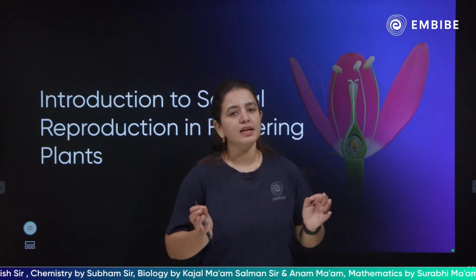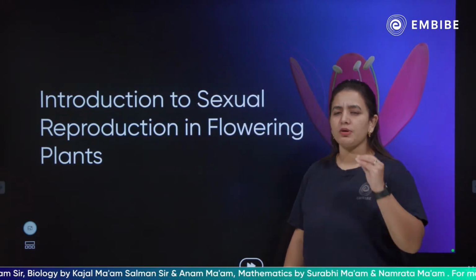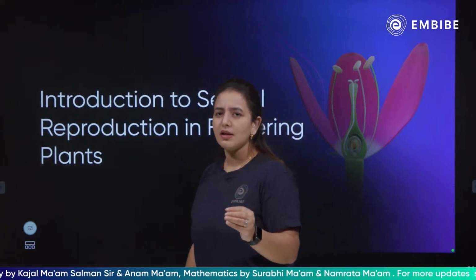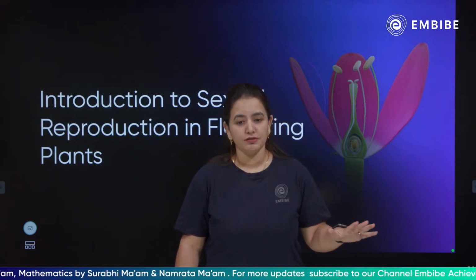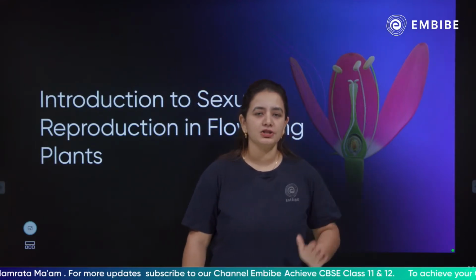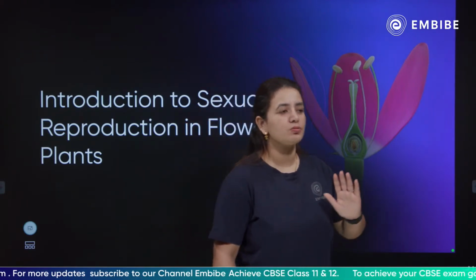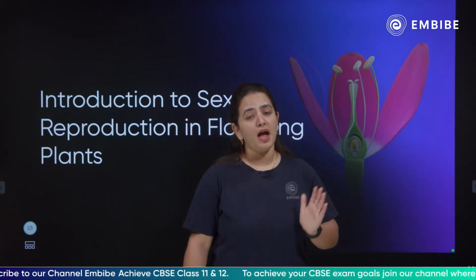So children, today's session is about sexual reproduction in flowering plants. Before that, I'm going to give you a few hints about it. I know children, in the 11th standard you have learned about the morphology of the plants, and there it was the flower, and of course you have learned about the angiospermic flowers, because the angiospermic flowers are the most advanced, most modified kind of flowers, and they are the only flowering family.